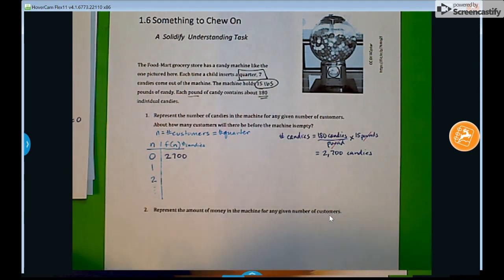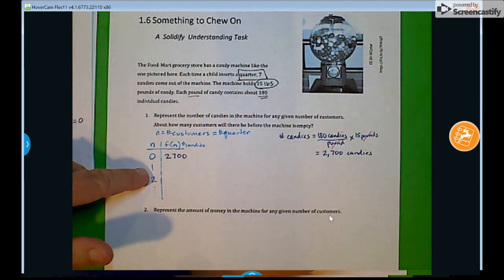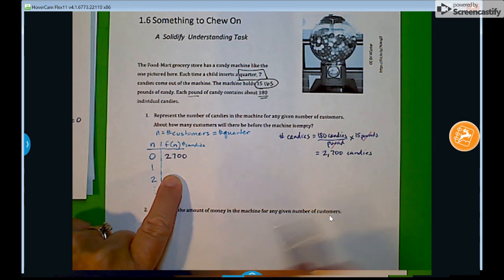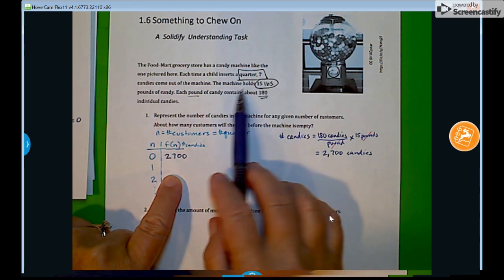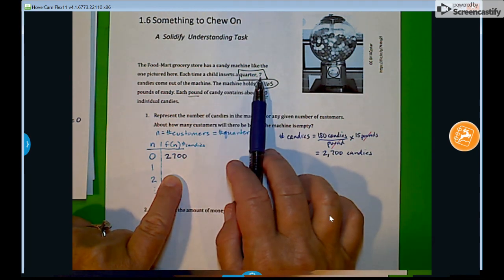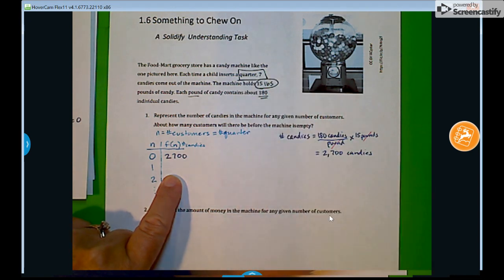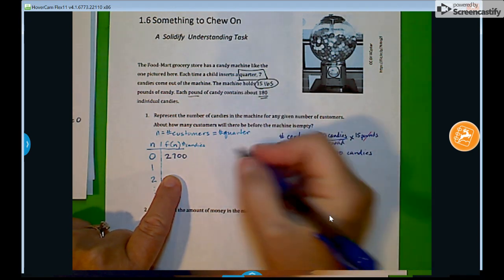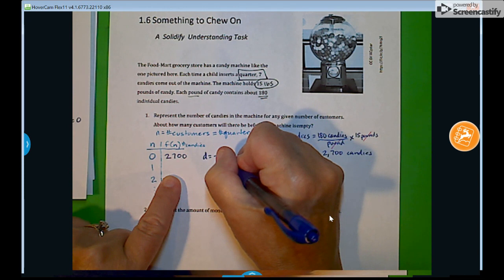All right, we're getting started. At time equals 1, it's not really time equals 1. After customer 1, what's going to happen? What happens with every customer? Each customer takes 7 pieces of candy out for a quarter. So our common difference is going to be minus 7.